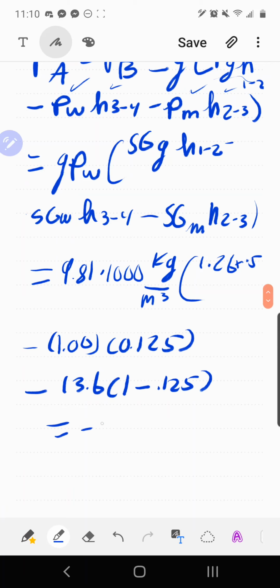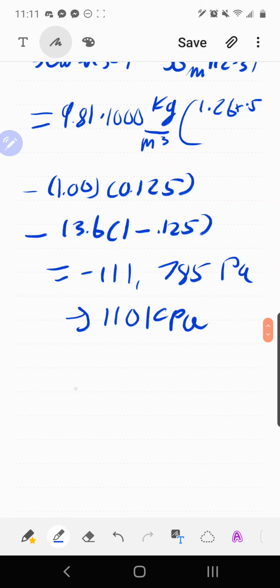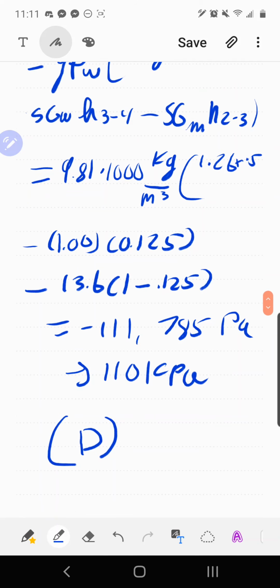This will come out to about negative 111,785 pascals, or 110 kilopascals, which is most closely resemblant to choice D. Okay, that was a bit of a long problem.